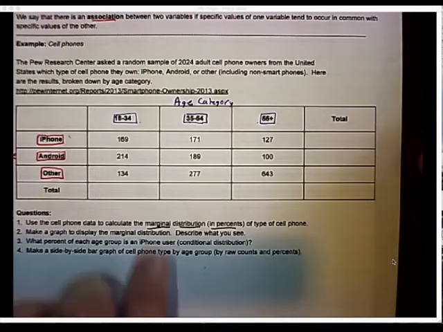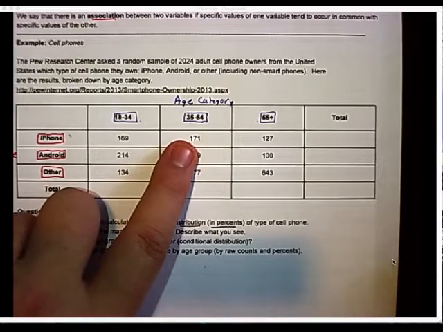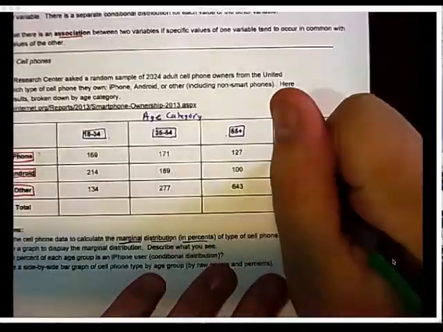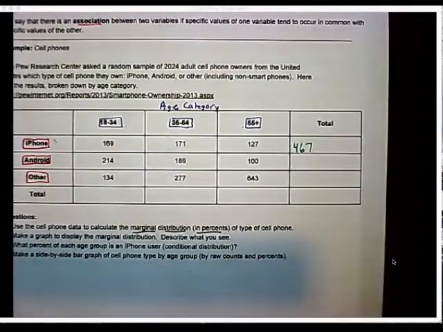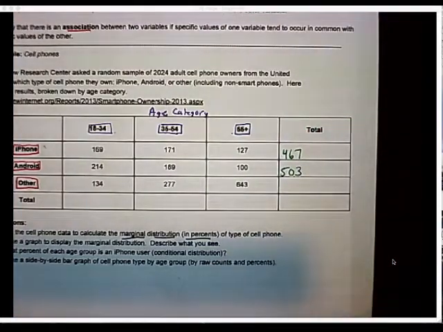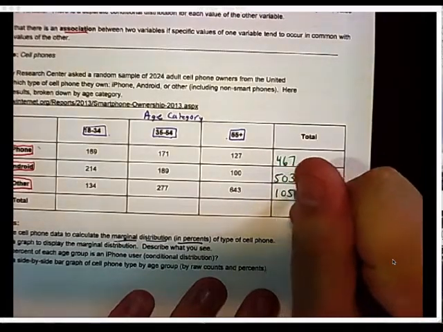So if we go across, and you can do this with a calculator, we do 169 plus 171 plus 127, and we get 467. All right, let's do the same thing for Android. 214 plus 189 plus 100 equals 503. 134 plus 277 plus 643 equals 1054.